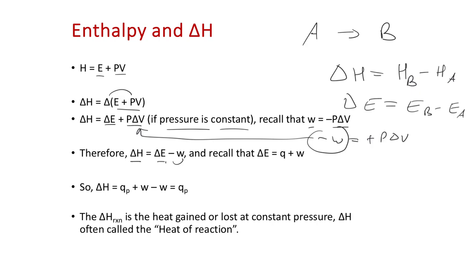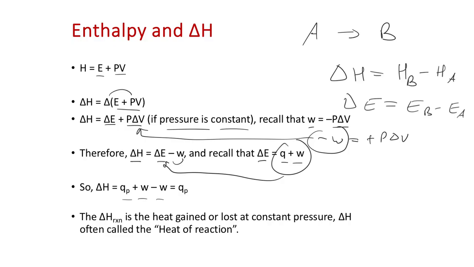Then we can recall that delta E is Q plus W. If delta E is Q plus W, I throw Q plus W in the place of delta E here, and then you can see that Q plus W minus W, W just annihilated itself. It's not that the W of the reaction is necessarily zero, it's just that the open system is incapable of doing work on the surroundings.